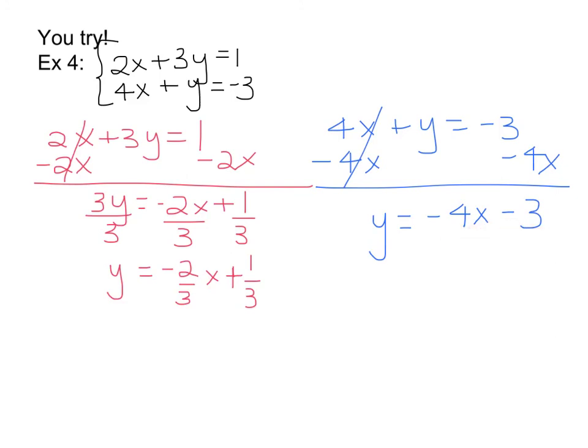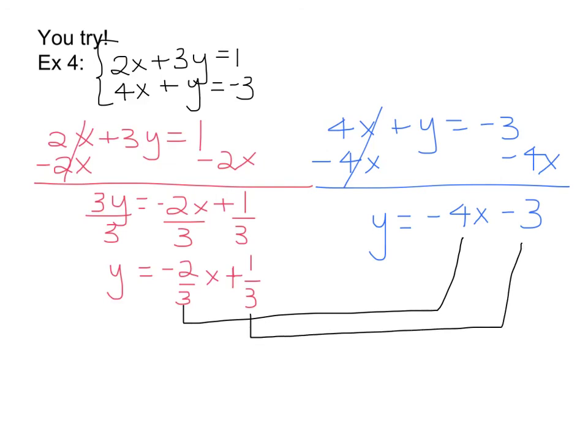Now, let's look at their slopes. That's what's in front of the x. -2/3 and -4 are not the same slope, and positive 1/3 and -3 are not the same y-intercept, so these are two very different lines. Since they are different lines, they are going to intersect at one point, and this is an independent system.